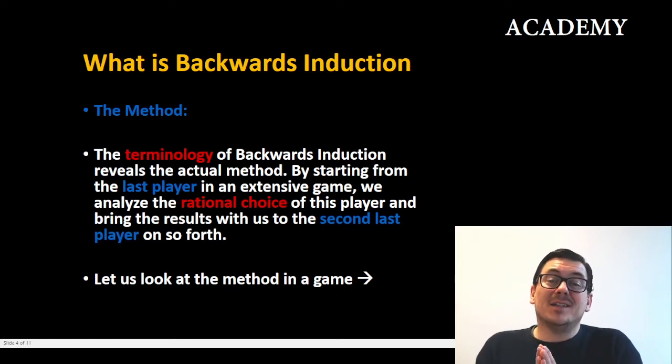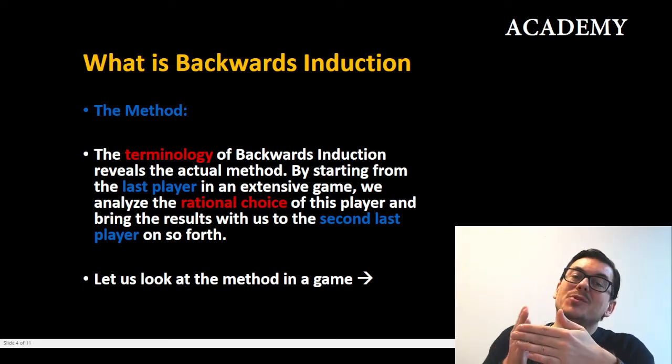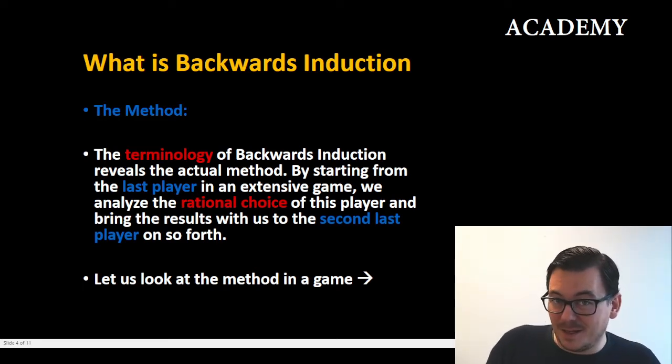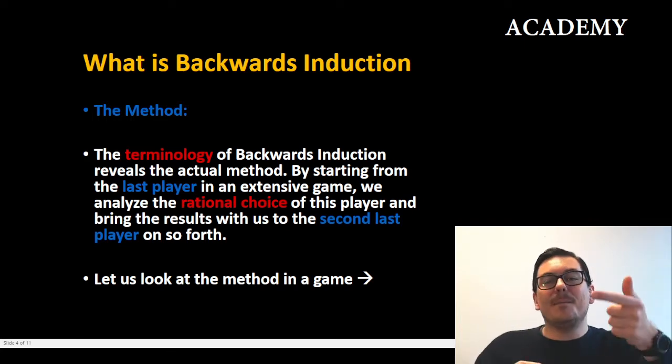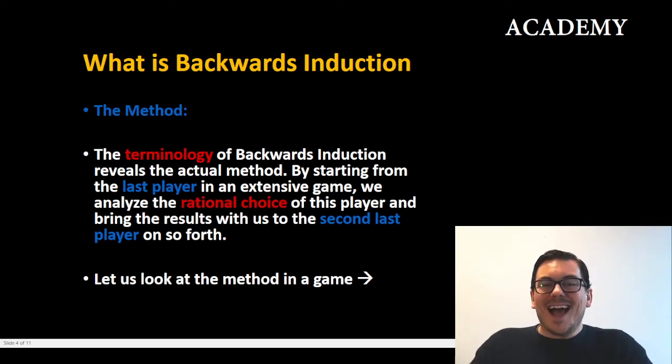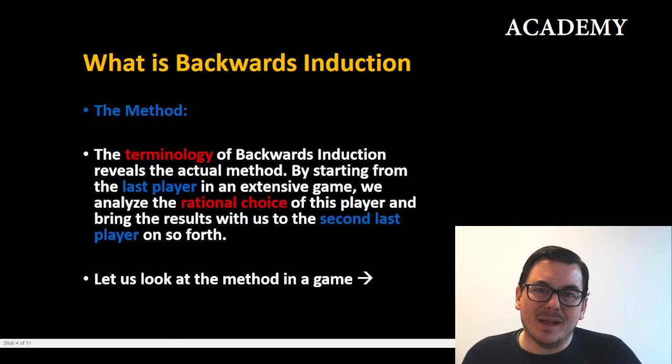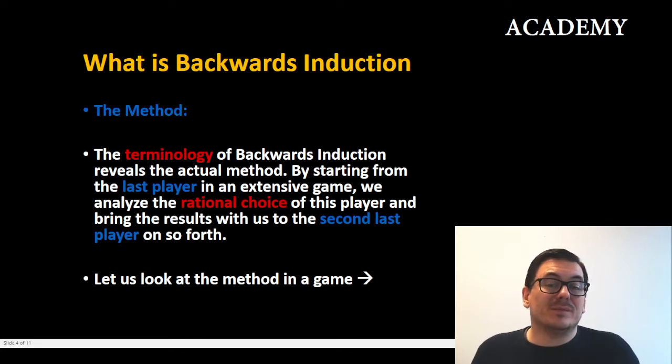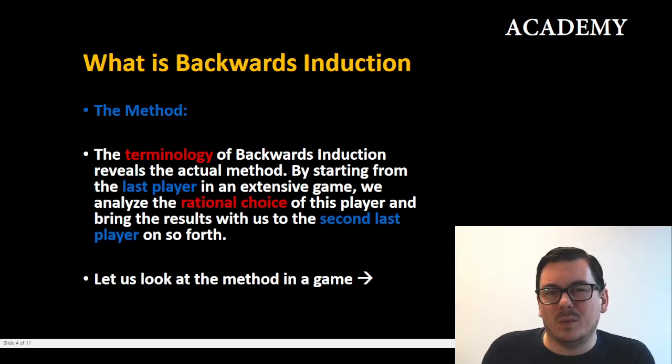When we have analyzed the last player in the game, we backtrack to the second last player, and that is the method we use. At last, we will come to the first player and we will get a result. But let's look at an actual game, because then it might become a bit more clear what we're doing.